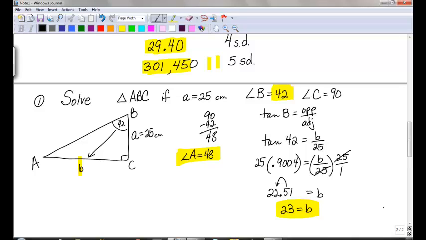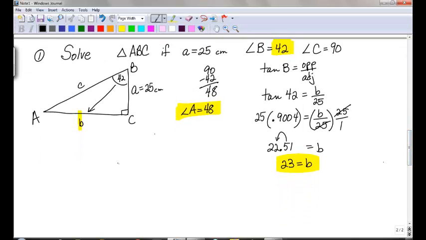I need the hypotenuse. Now, do not use that B or the 48 to solve for anything else. You use what's on your picture. Use the given. In terms of this angle, this would be the hypotenuse. I want to put it up on top. The hypotenuse over the adjacent. What trig function?